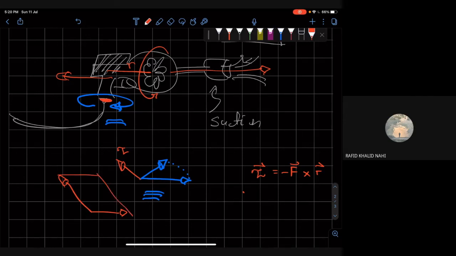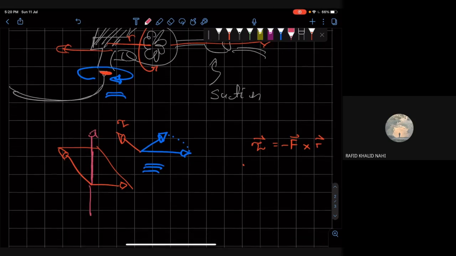So you have to apply a force in a direction. The force that is going to help you is going to be in that direction, up to a plus or minus sign, right?